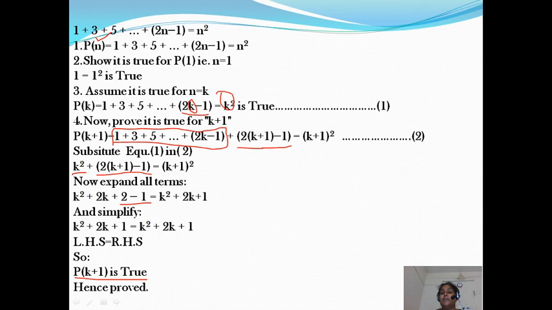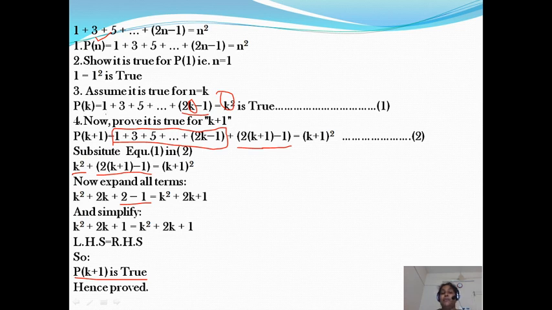In the kth place substitute k+1, so you will get another term, is equal to RHS. You substitute k+1 in place of k in P(k), and you will get equation number 2.